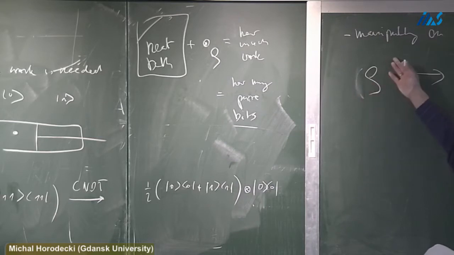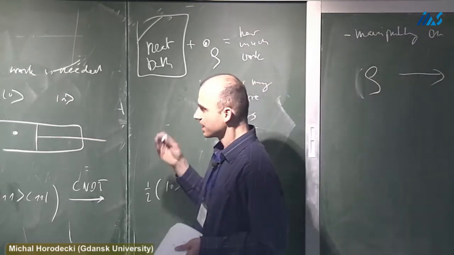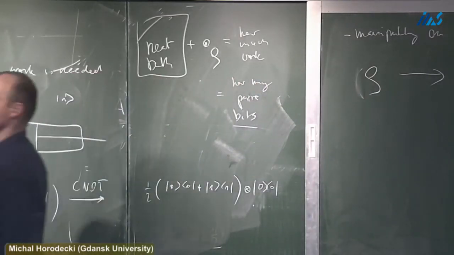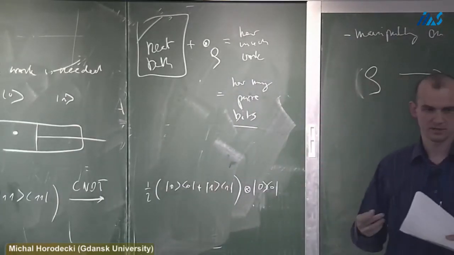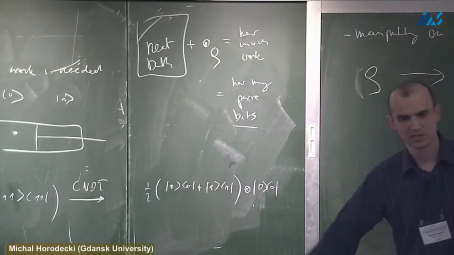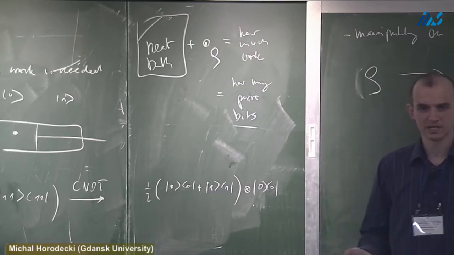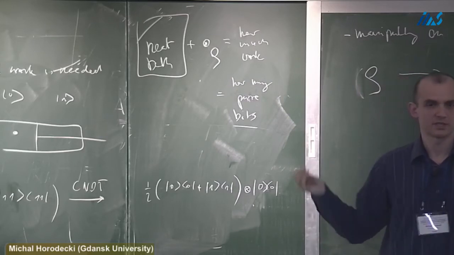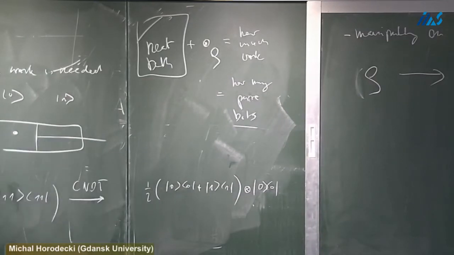For example, the class of operations shouldn't allow you to bring in this state. If you consider just reversible transformations, for example unitary transformations, of course unitary transformations preserve the spectrum. So if you start from a maximally mixed state, you will end up with a maximally mixed state. You cannot increase purity. You cannot increase the amount of this nice resource.